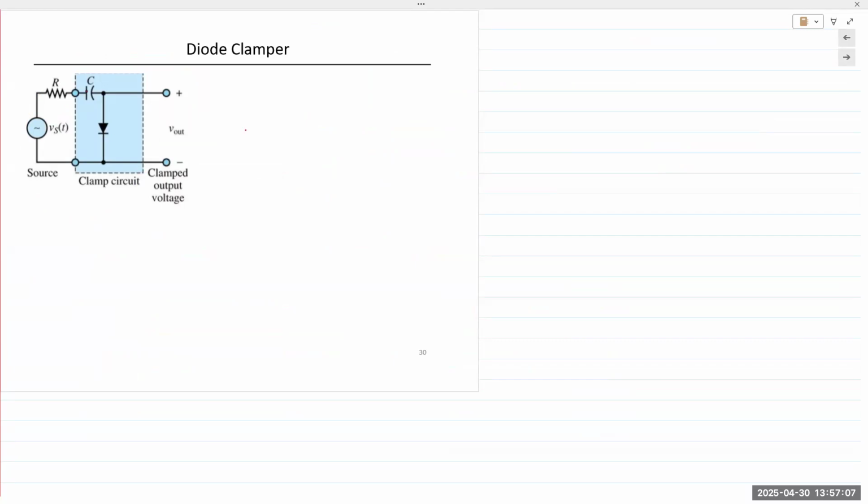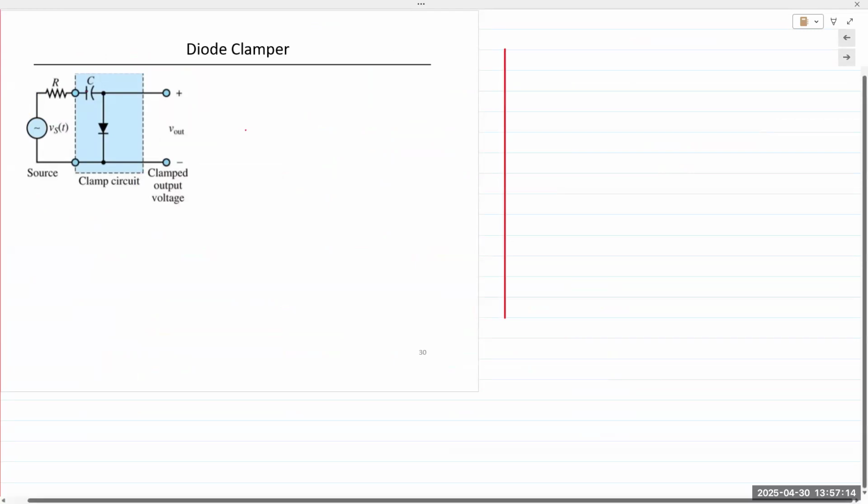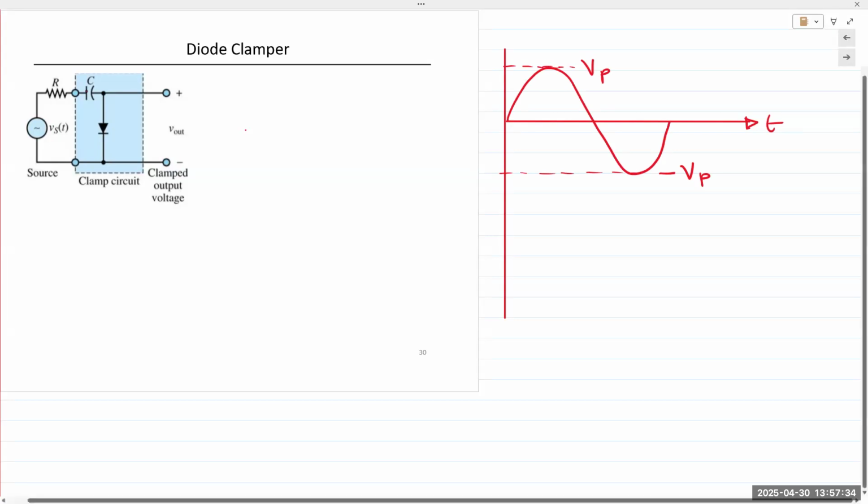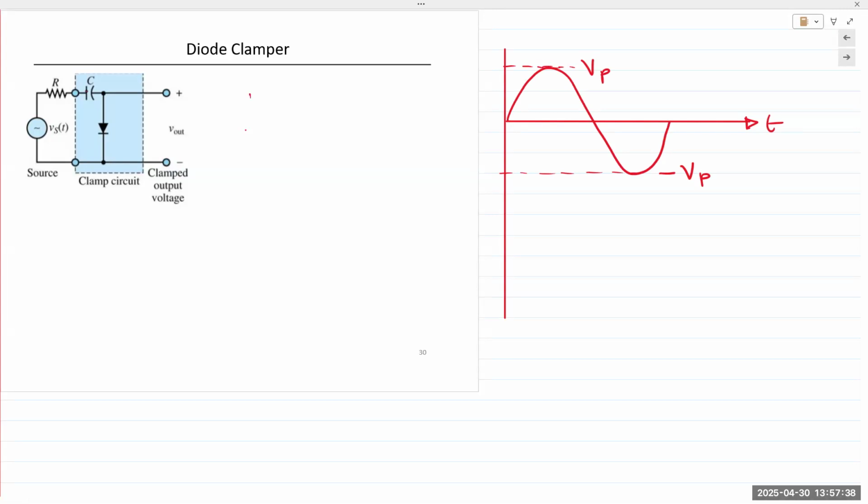So let's say we have, again, a simple sine wave applied, and let's say this sine wave is Vp, and this is minus Vp. Diode turns on in the positive half cycle. When it turns on, capacitor charges.